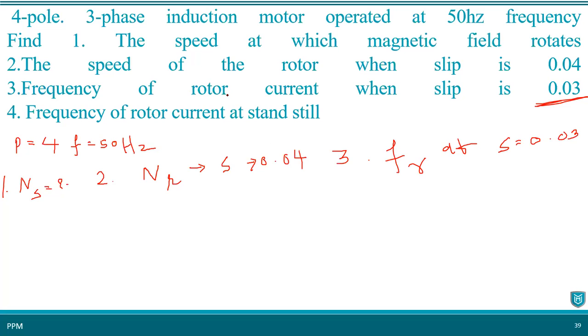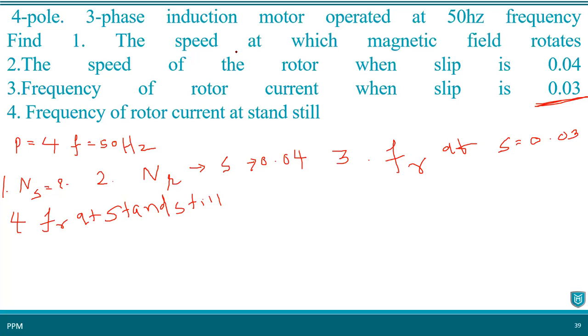And the frequency of the rotor current at standstill, so Fr at standstill. Okay, now let's start the calculation. This is the answer that we are looking for.